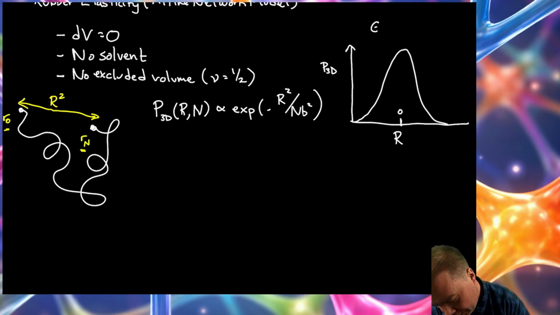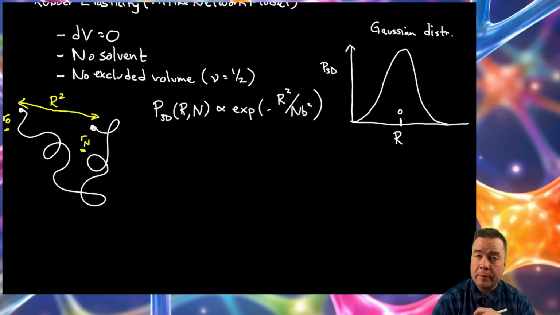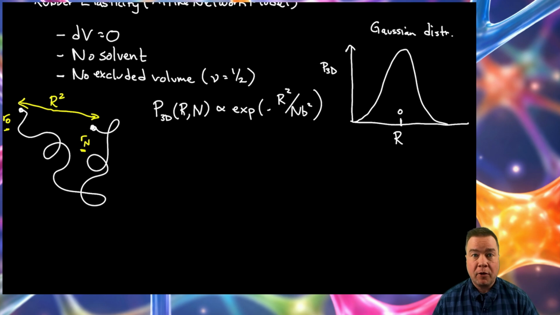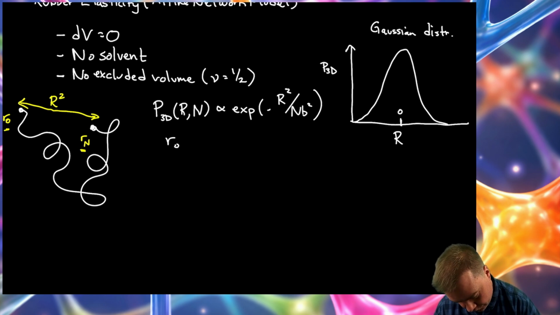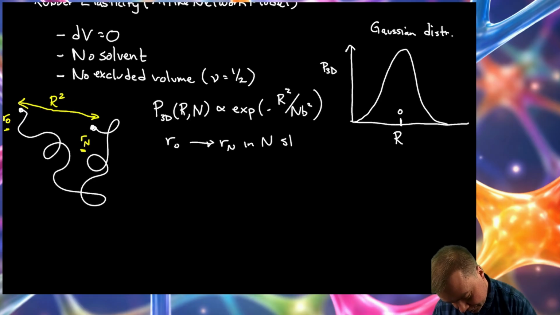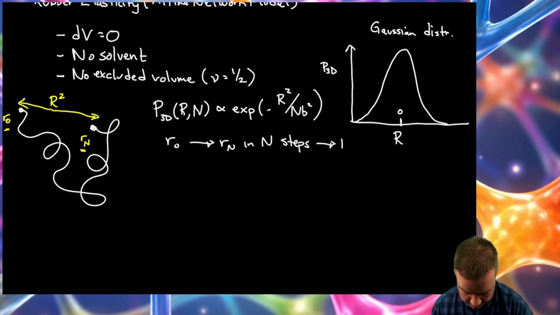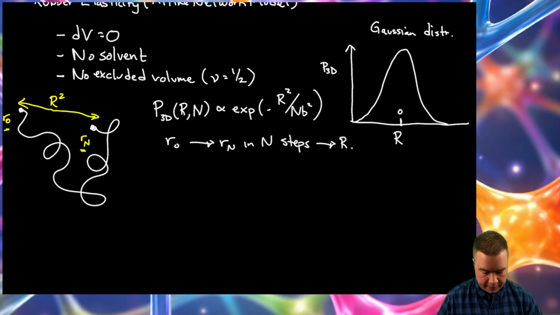And so this is a Gaussian distribution. And that's why we call them Gaussian polymer chains. Okay, so that's the first bit of information that we have. So this is telling us the probability to start at R0 and go to R sub n in n steps such that we obtain size of the chain R.